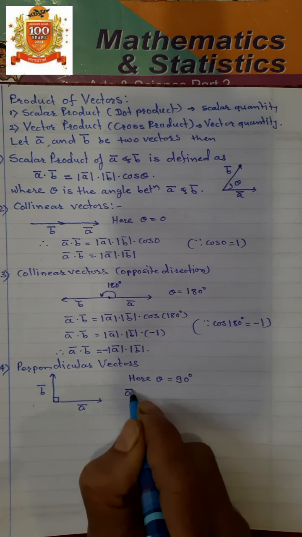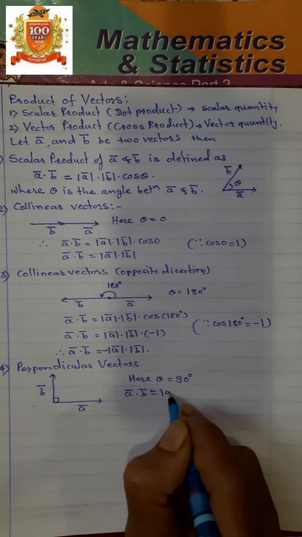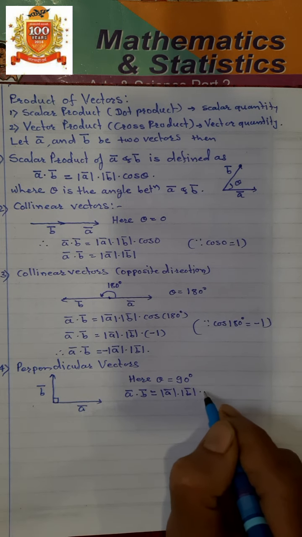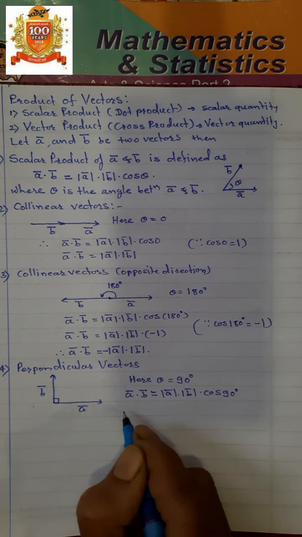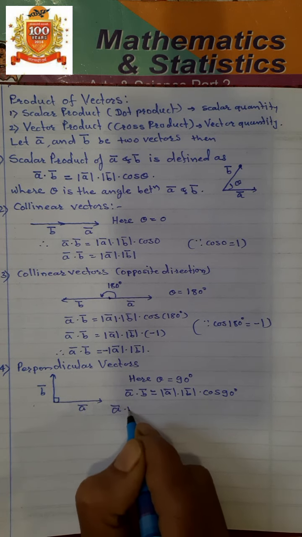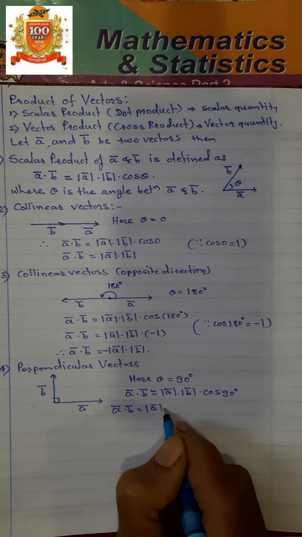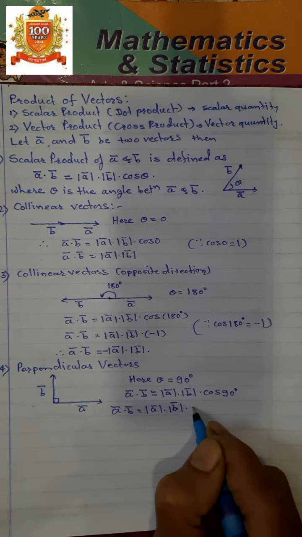Then A bar dot B bar is equal to mod of A bar into mod of B bar into cos 90 degree. That is A bar dot B bar is equal to mod of A bar into mod of B bar into 0.